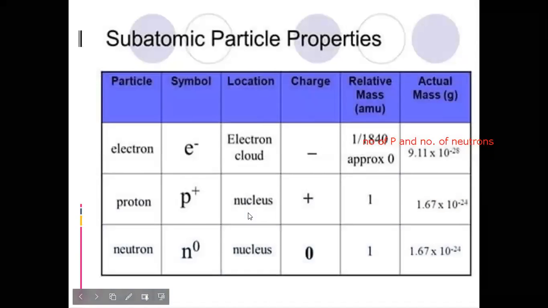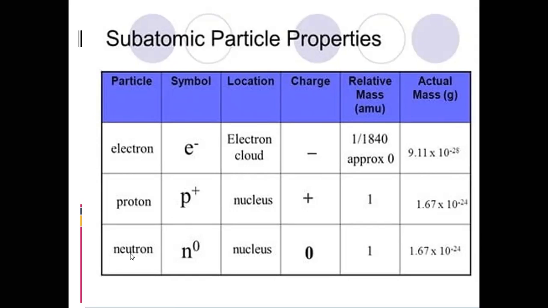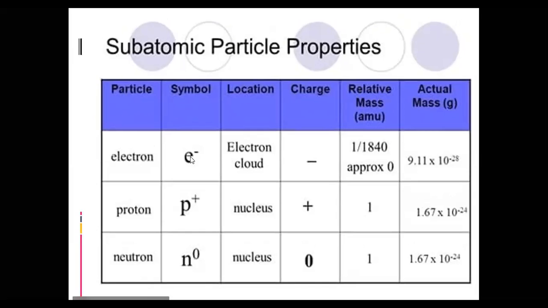Look, here is one shortcut chart. Electron, proton, neutron: these are three subatomic particles. Electron symbol is e minus, proton symbol is p plus, neutron symbol is n. These zero, plus and minus are the charges.